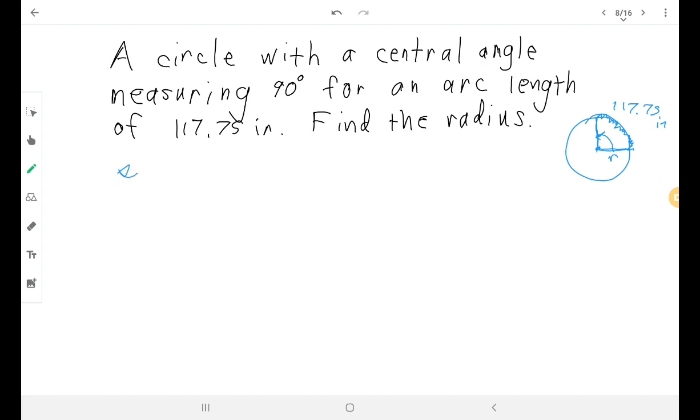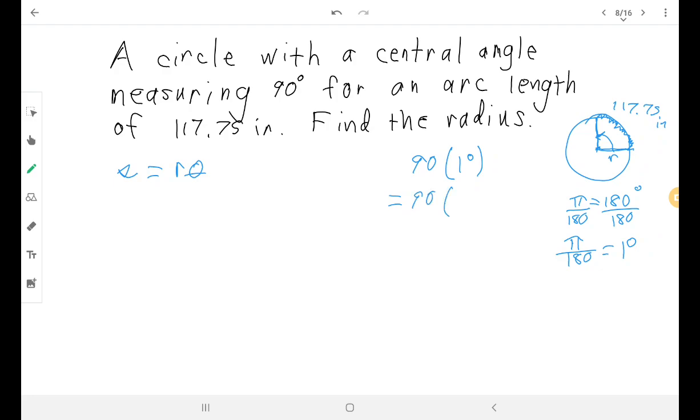So the thing that we have is S equals R theta, but again, theta has to be in radians, and right now our theta is in degrees. So let's have 90 times 1 degree, and pi radians equals 180 degrees. So if I divide by 180 on both sides, I can do pi over 180 equals 1 degree, and I can make this substitution.